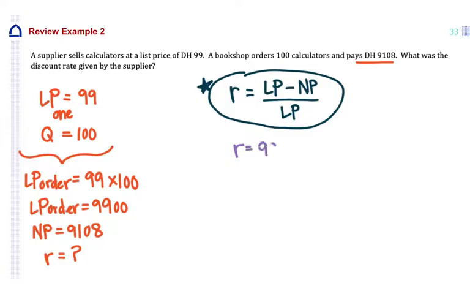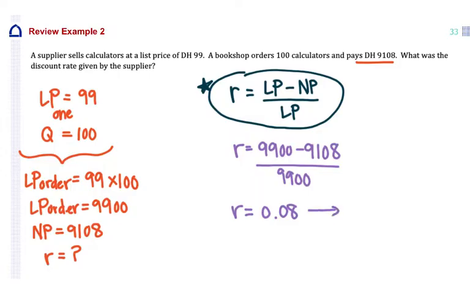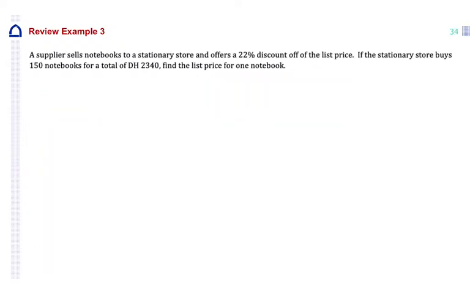So we will say 9,900 minus 91.08, all divided by 9,900, and we will get a discount rate of 0.08, which if you want to change that to a percentage, you multiply by 100, which is a discount of 8% off.